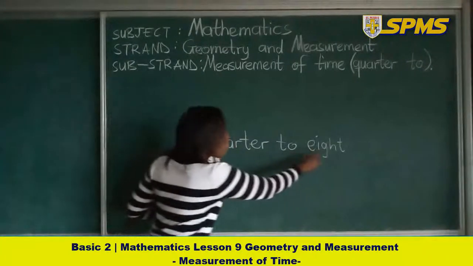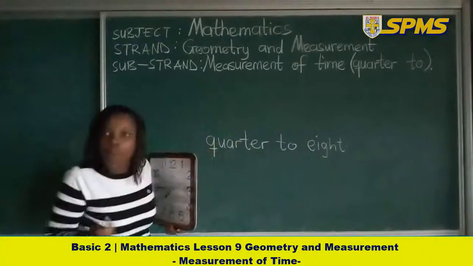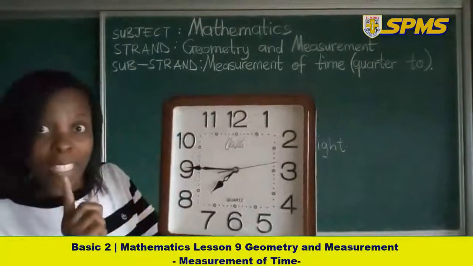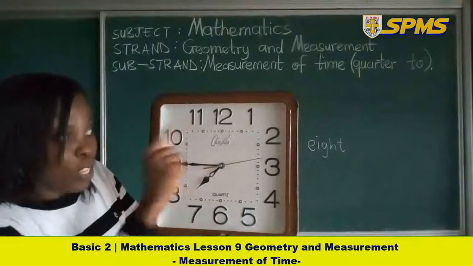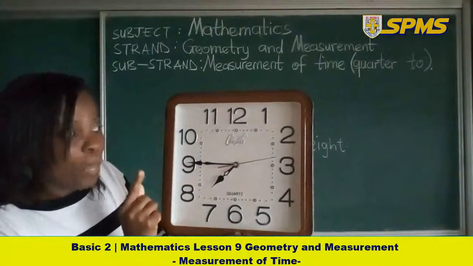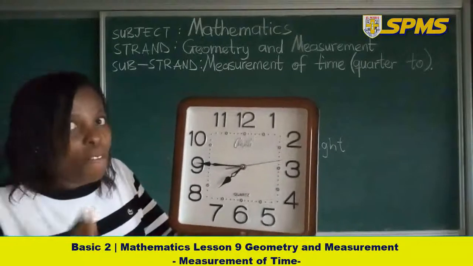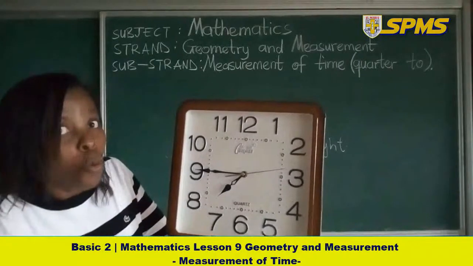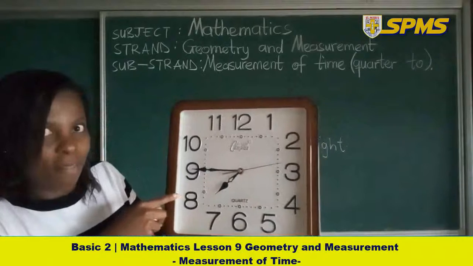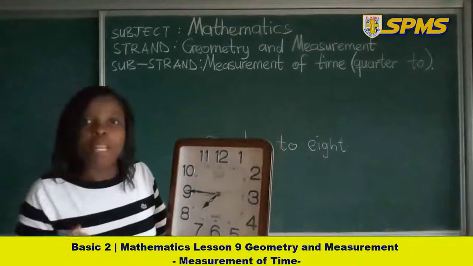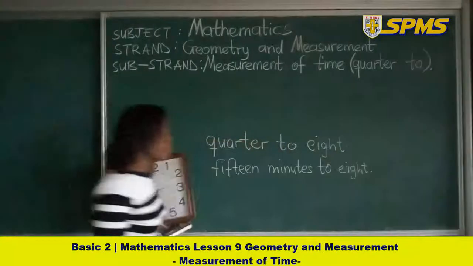Or you tell the time by the minutes. So how many minutes is left for the minute hand to get to 12? 15 minutes. So you can say 15 minutes to 8. Quarter to 8 or 15 minutes to 8.